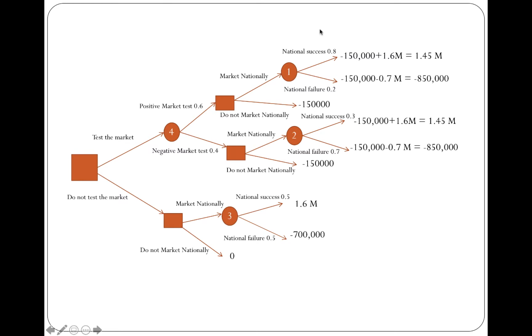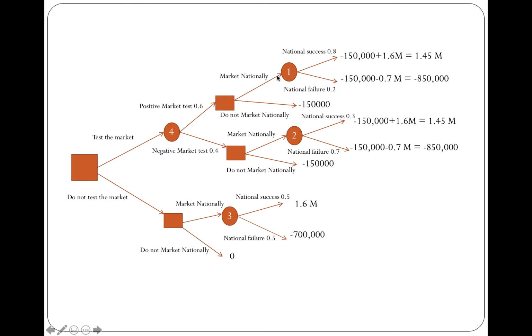To do so, I assign the values of 1, 2, 3, and 4 to these event nodes so that we know which one of them we are talking about during this presentation. My goal is to find the monetary value associated with each one of the decisions that this person has to take. Okay, so what is the monetary value associated with this decision?